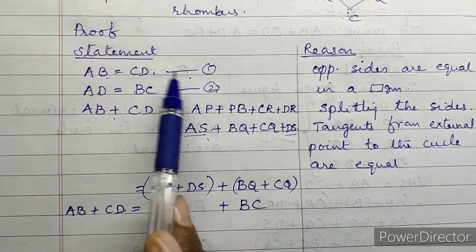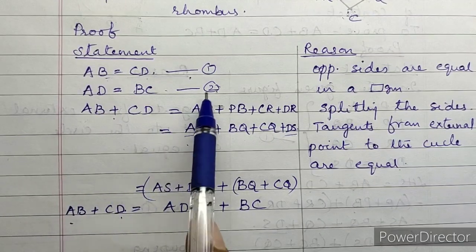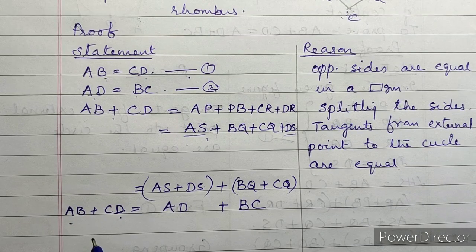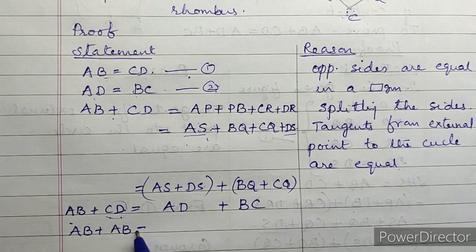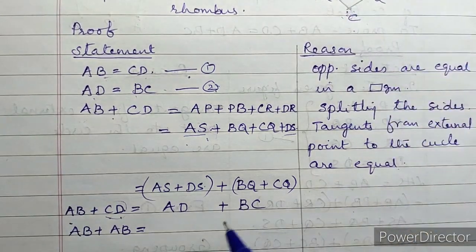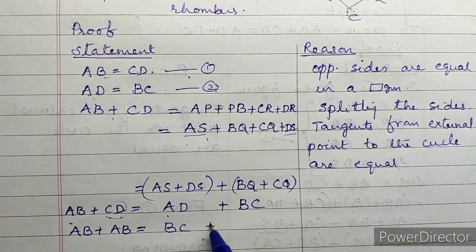But from 1, AB equals CD, and 2 denotes AD equals BC. That you can substitute here. So instead of CD, I am writing AB. So AB plus AB equals. And instead of AD you can write BC, plus BC only. BC you don't change, only one BC you change.